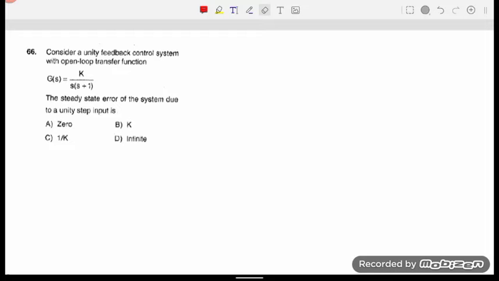You should know that the steady state error for a unit step input is written as A by 1 plus Kp, where Kp is the positional constant and it is defined as limit s tends to 0 of G(s)H(s).